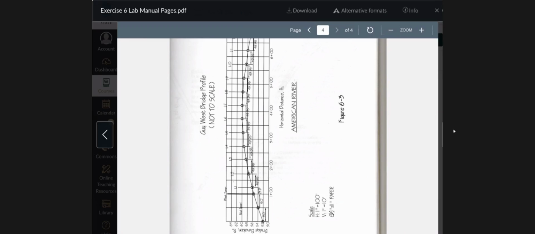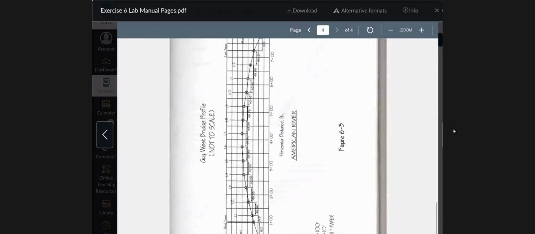That'll be easy to tell if you didn't draw those correctly, okay? So put everything on your sketch that is shown here, except the words "not to scale" that are underneath the Guy West Bridge profile text, okay? This will be drawn to scale, all right?